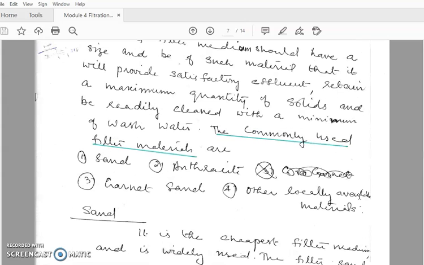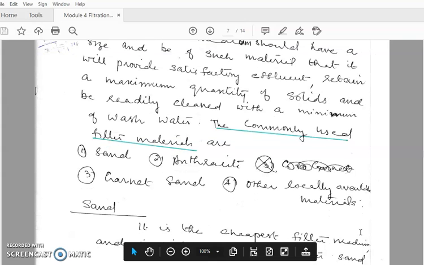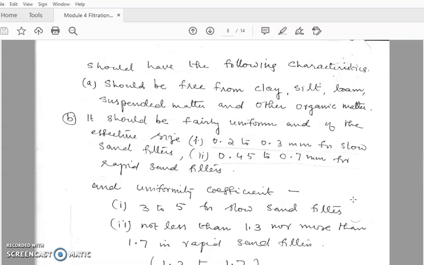Now again, this sand should have some properties. Here it is mentioned that the sand should be free from clay, silt, loam, suspended matter and other organic matter.